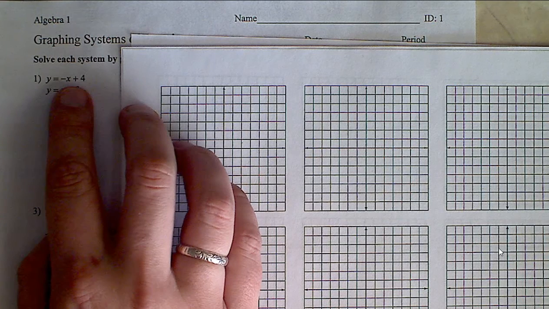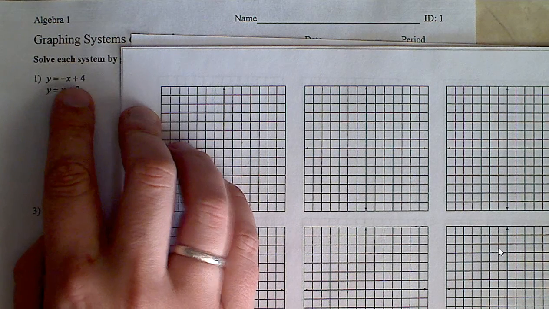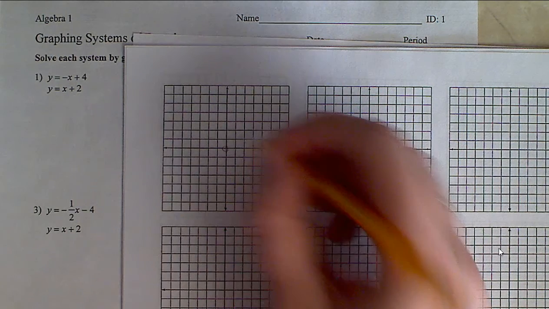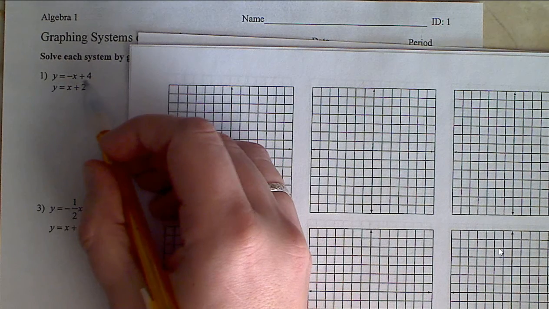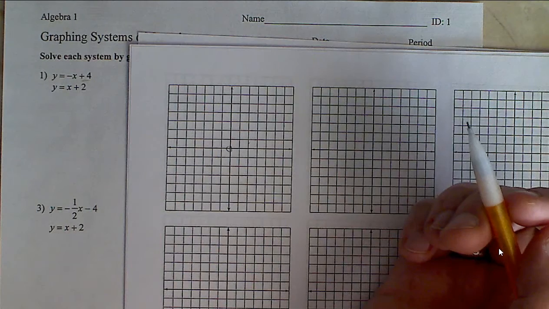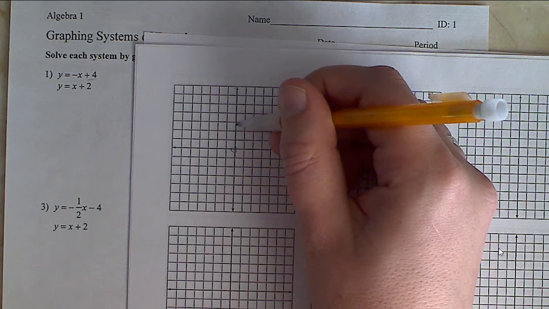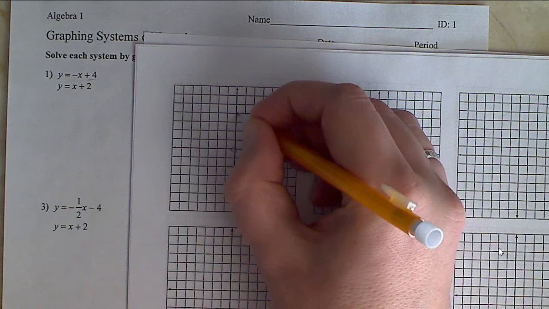If it's y equals negative x plus 4, where do you need to start out at? Hold on. No, so you're going to start out up 4 from 0, right? So I'm going to count up 4. 1, 2, 3, 4. And that's where I'm going to make my first dot, up 4.